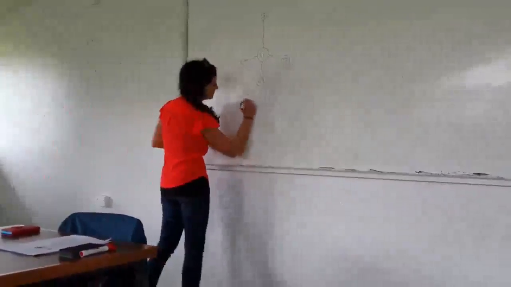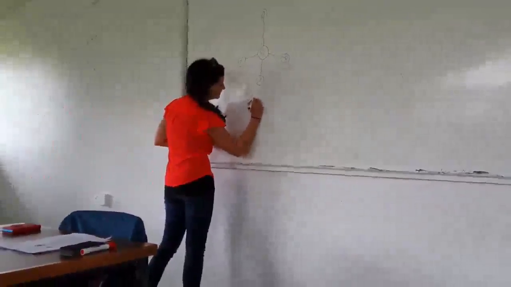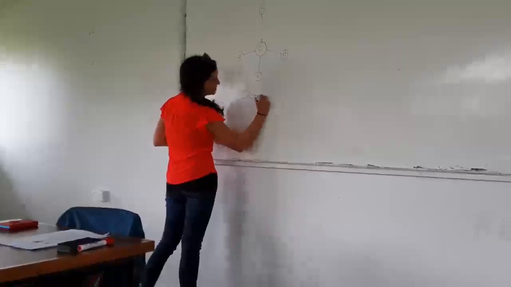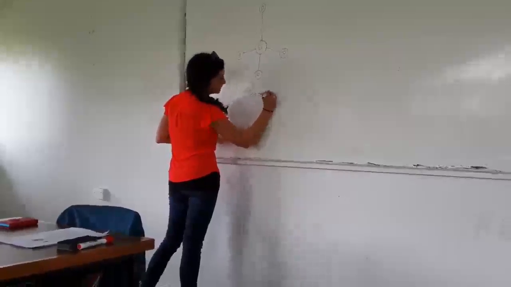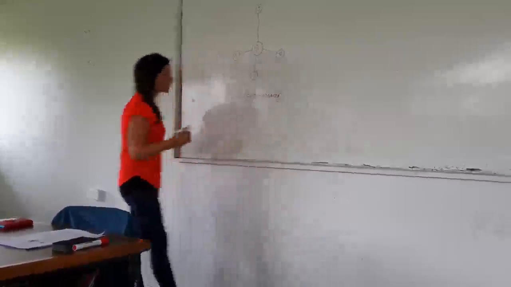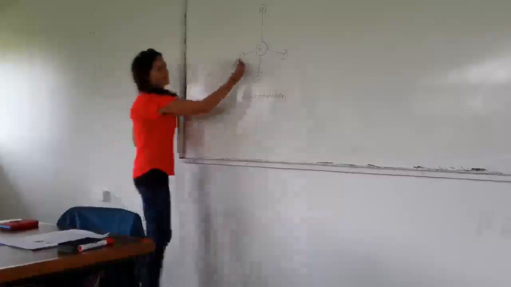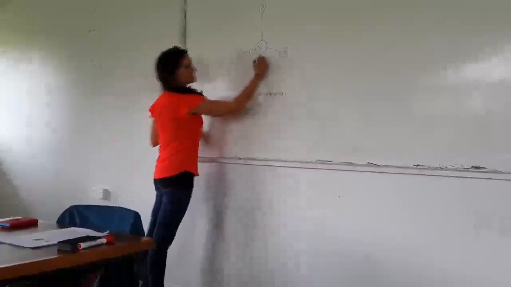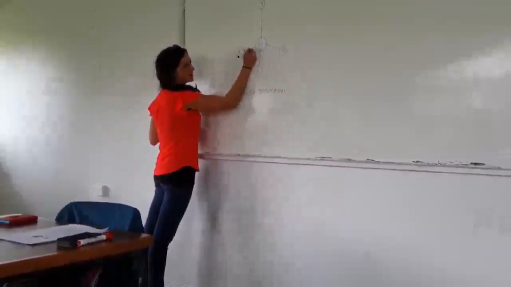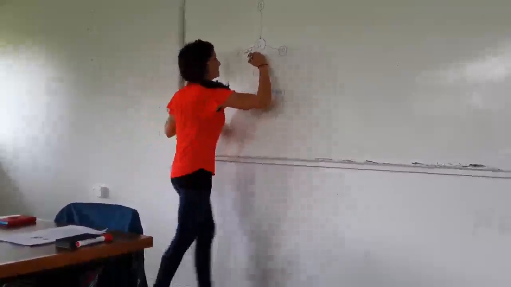So imagine this in 3D, and this is called your silica tetrahedron. And each of those bonds here is a covalent bond. So what they're actually doing is sharing electrons between them.